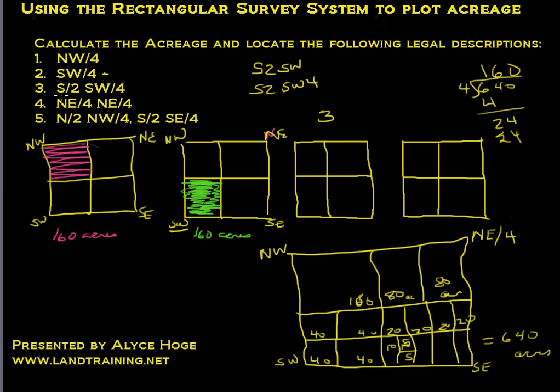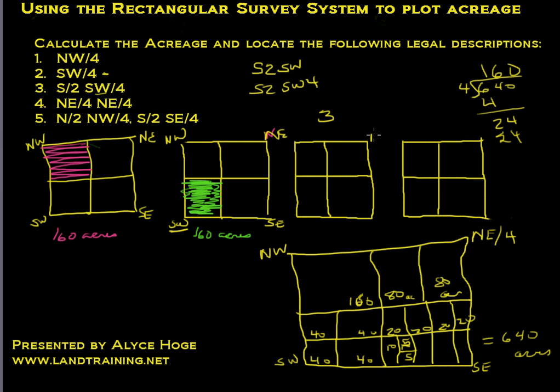So let's look then at the south half of the southwest. Now the key to reading these legal descriptions is you start from the back. So you read it backwards. So when you see the south half of the southwest quarter, you immediately go to the southwest quarter.